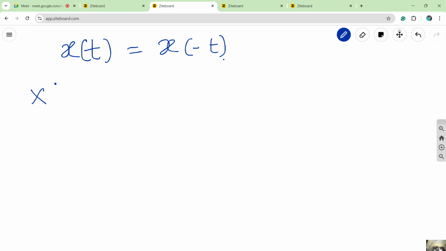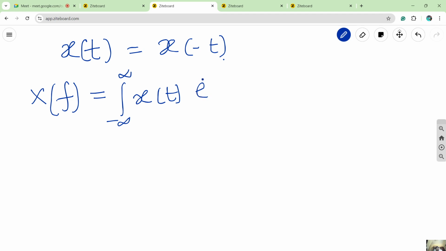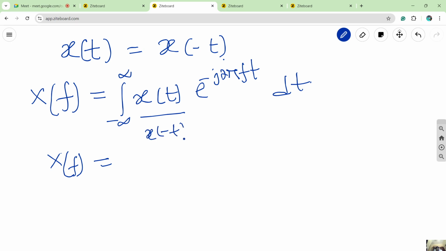So if we look at the Fourier transformation x of f, that is the integration from minus infinity to infinity of x of t e to the power minus j 2 pi f t dt. So if x of t is even, then it means that x of f is equal to, here, x of minus t. So it is actually x star f.